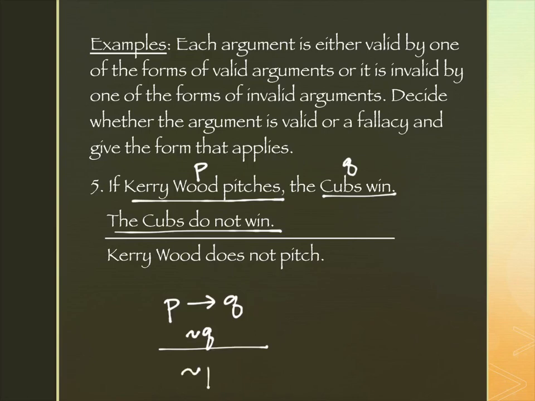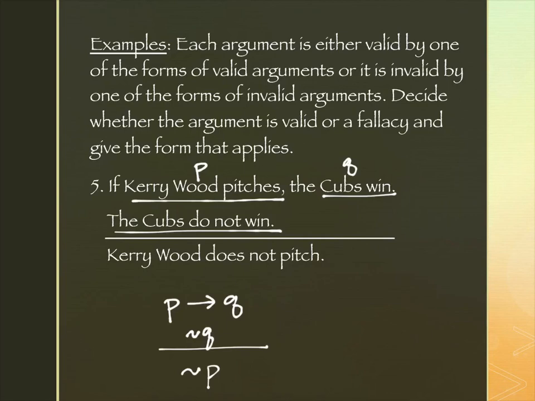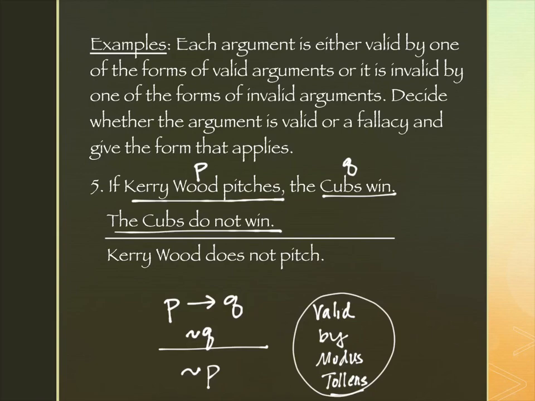That's tilde P. Flip back. Which one of those is it? Fallacy of the inverse? It's modus tollens. They're very similar looking, so be careful. It's okay. This one is actually modus tollens, right? Does it match that? Yeah. So this one would be valid. It is valid by modus tollens. Okay, all good? Great.